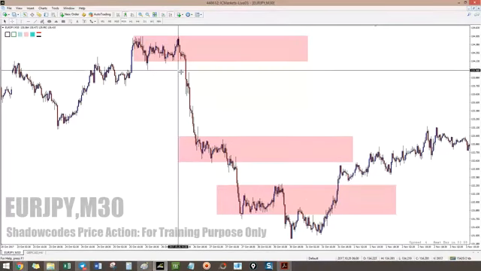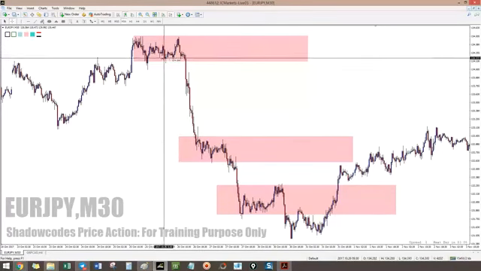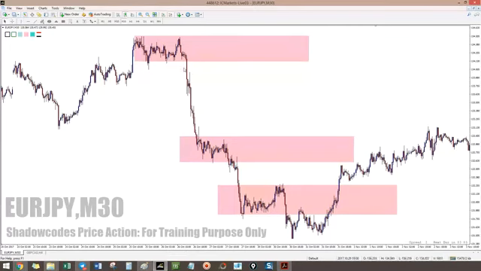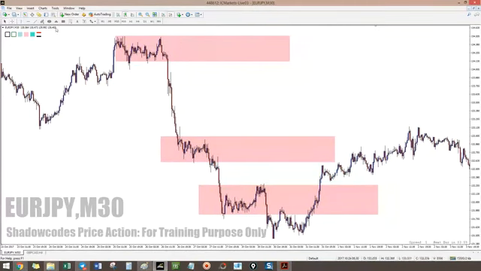During your trade, for example, you enter based on, wait a moment, let me see what kind of trade we can have here. All right, for example, you enter on this swap zone.